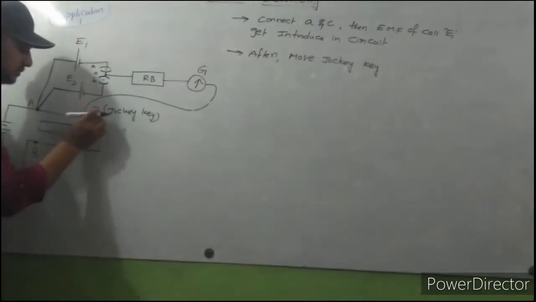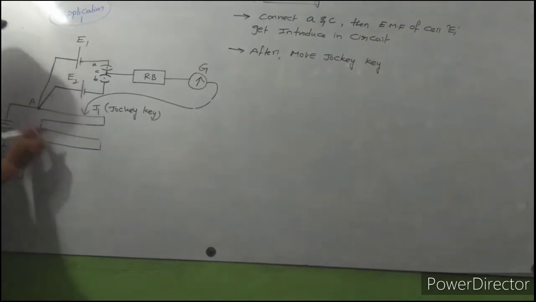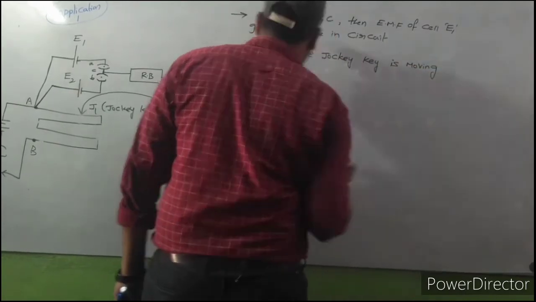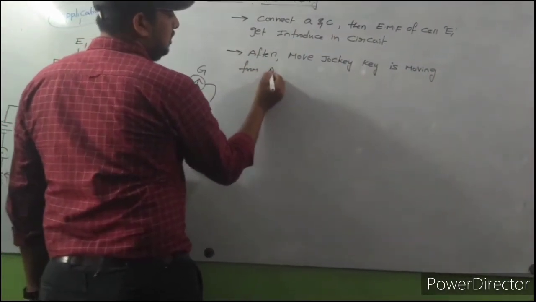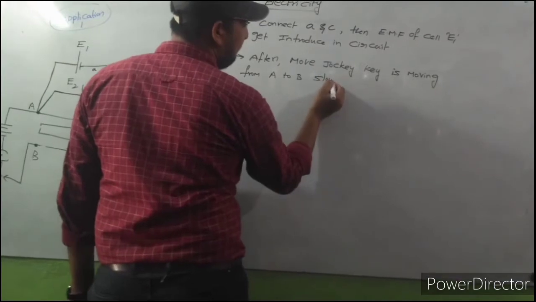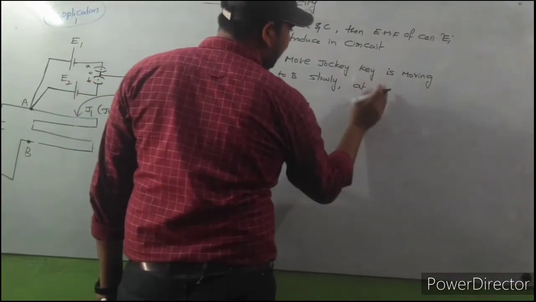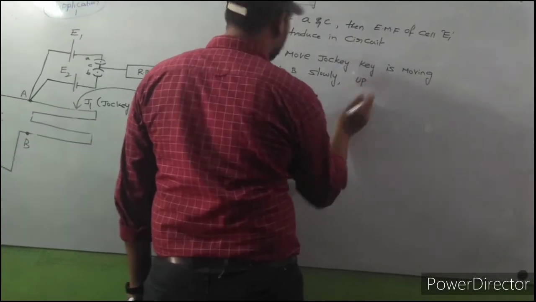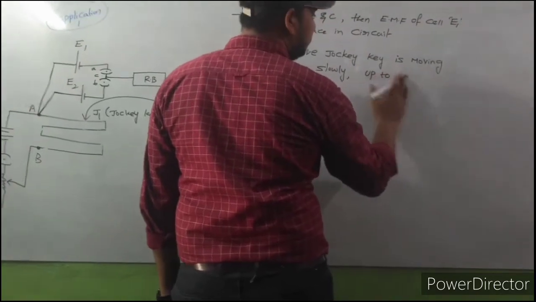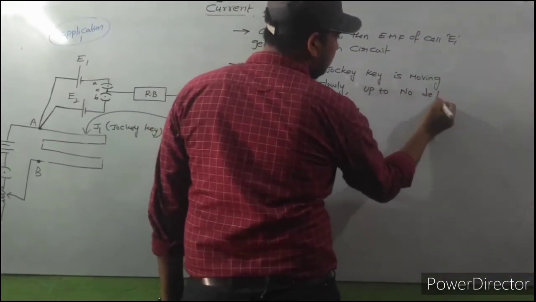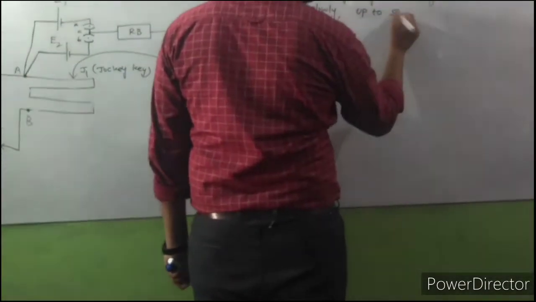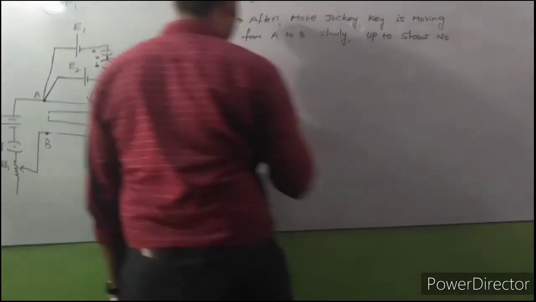This jockey key is moving from A to B. We are moving the jockey key from A to B slowly, up to a particular point where the galvanometer shows no deflection.